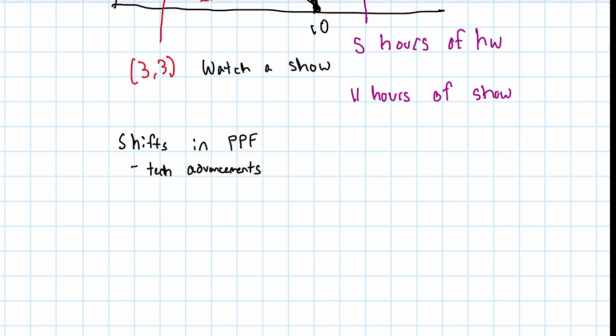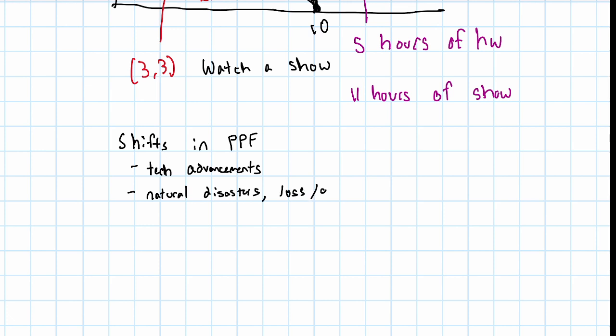So some sort of technological advancement. Or sometimes we have a shift inwards of the PPF, and this could be, I don't know, natural disasters, basically any loss or gain of resources.